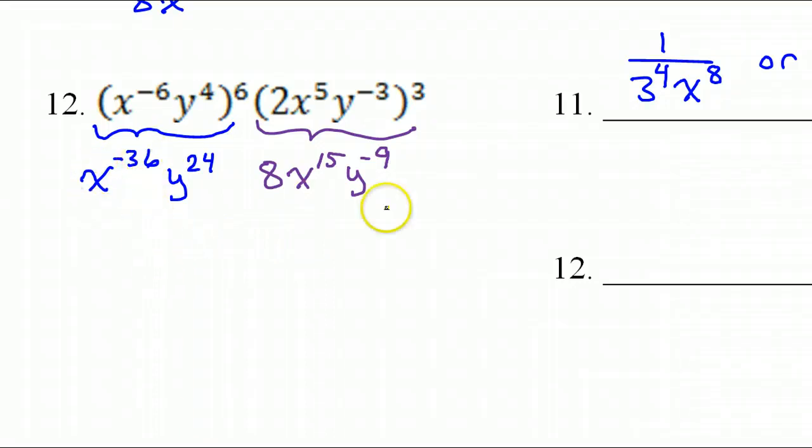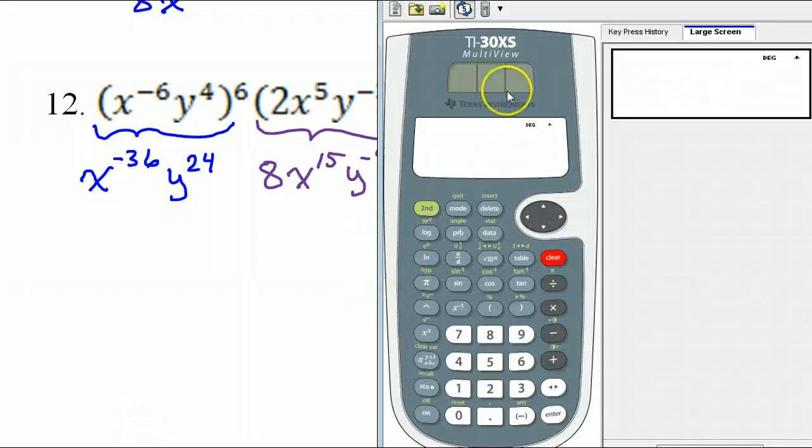Now, before I start moving around the things that have negative powers, I might as well put together the like variables. So when you multiply these x's together, you add the exponents. Okay, so I'm doing negative 36 plus 15. So even on a bootleg calculator, because you will not be allowed to use a TI-30XS MultiView, so pretend this is a bootleg calculator.